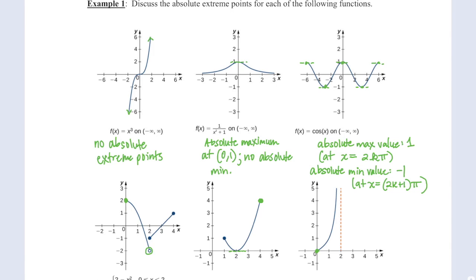So in the first example 1, first picture here, there also seem to be no local extrema. In the second one, we had an absolute max at 0, 1. We also have a local max at 0, 1.